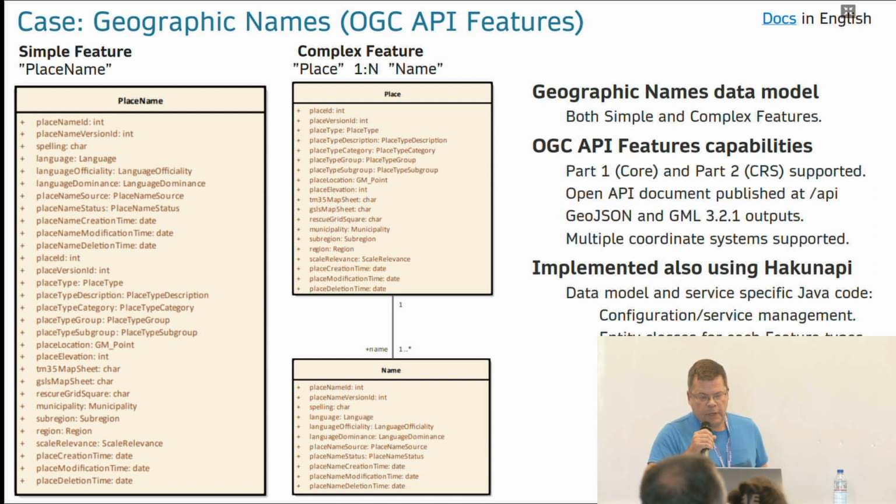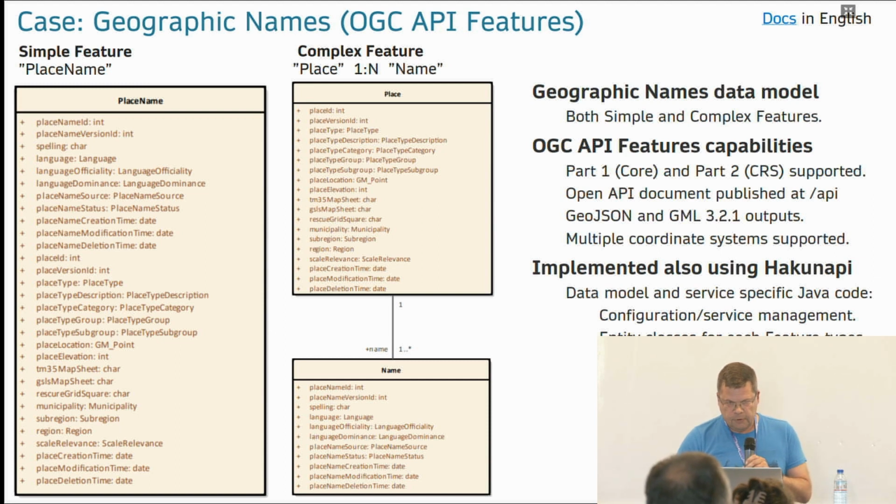So you have to have some Java code for configuration, entity classes, handling some queries, collection classes for database queries, and some modifications to output writers. So some code was needed on this service, not just configuration.